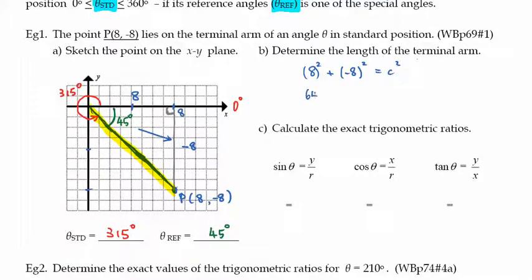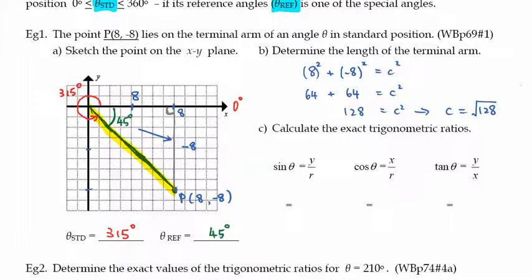Because as you square the number, the negative number turns positive, and therefore you will still end up with a positive value for the length of the terminal arm. Square root of 128.